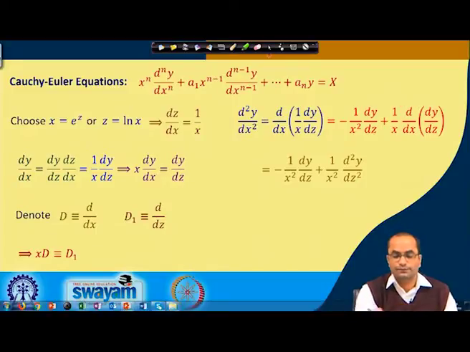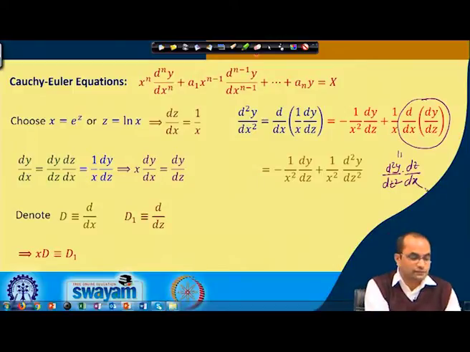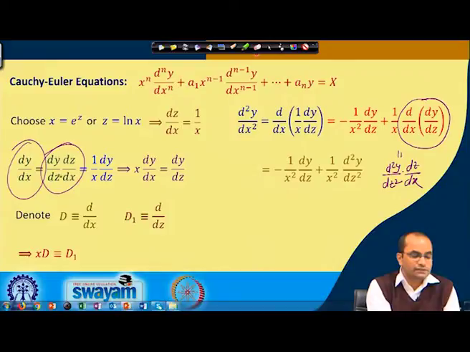So, d over dx of this dy over dz will be d2y over dz2 and dz over dx, as in the case we have done before, when we take the derivative of dy over dz, then dz over dx.